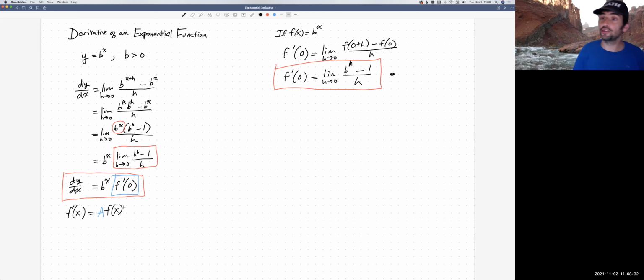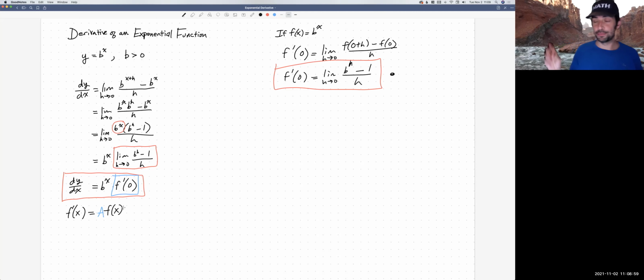Okay, same thing for a population. If some little microbe can double its population every hour, right? So if we have a function that tells us the population and it doubles every hour, then if the population is 10, that population is going to increase by 10 in the next hour, right? That would be the rate of change then, 10 per hour. But now that the population is 20, in the next hour, it's going to double again.